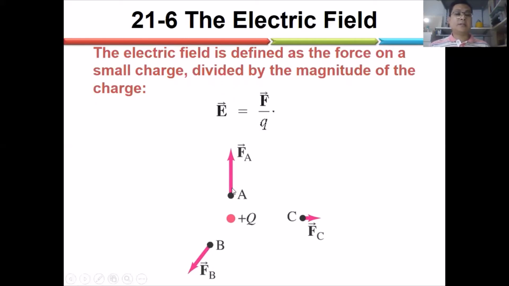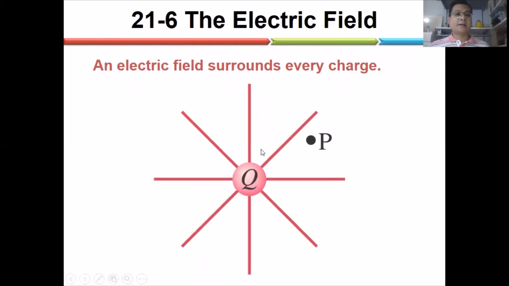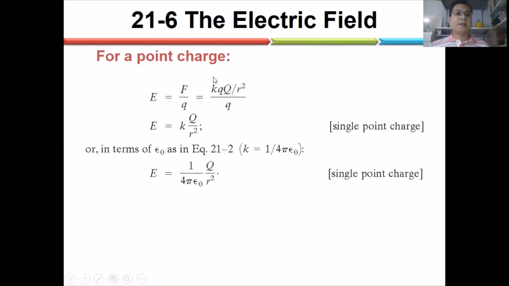This is considered the electric field: a certain number of forces acting in certain directions. If we relate E with the Coulomb force formula, we can derive a new formula.